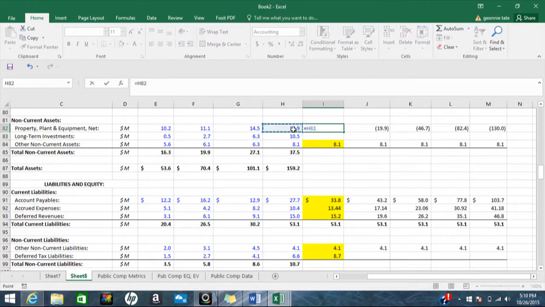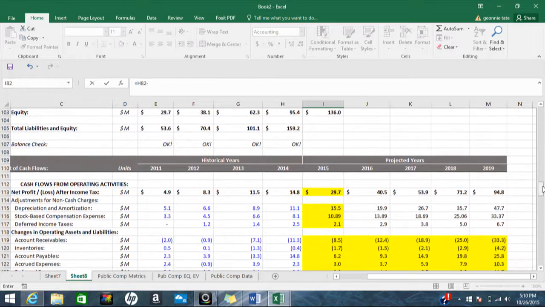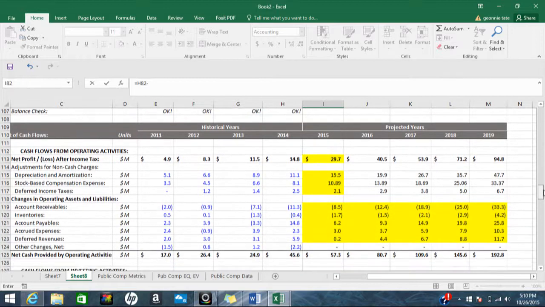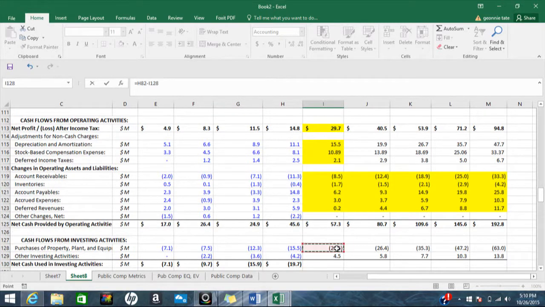I will take my previous number, subtract this number and also subtract D&A.